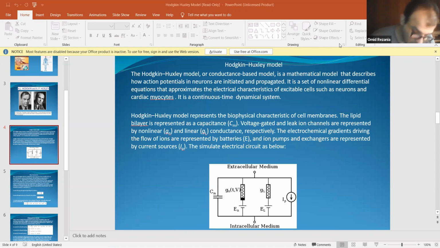Guys, I want to ask everyone a question. What do you understand from the fact that the electrochemical gradients driving the flow of ions are represented by the batteries E, and ion pumps and exchangers are represented by the current I? What do you understand from this phrase, the electrochemical gradients?